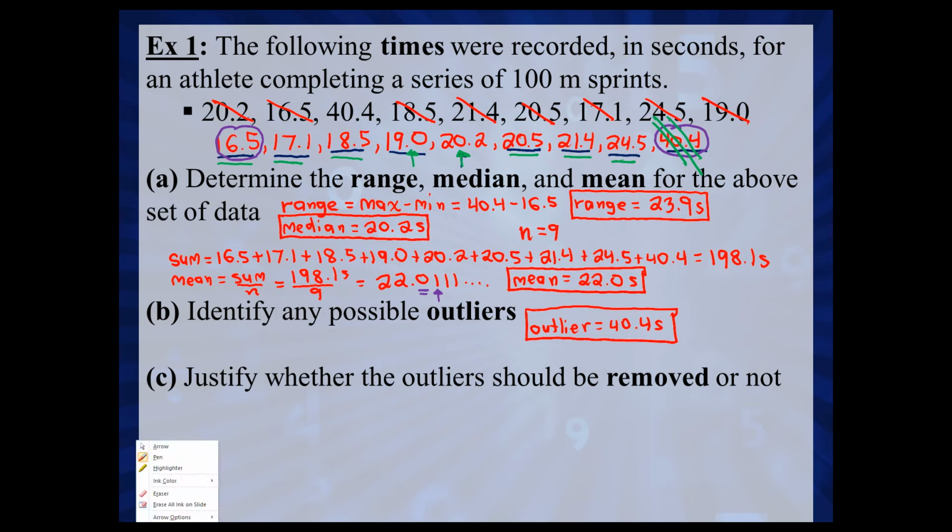If you have 2 middle numbers, the median is going to be the midpoint of these 2 numbers. Now, this one's probably not as easy to see. To figure out a midpoint, you just take the 2 numbers, add them up, and divide by 2. So really, it's just like figuring out the average of 2 numbers. So the new median would be equal to 19.0 plus 20.2, and we want to divide this by 2 to get the midpoint.